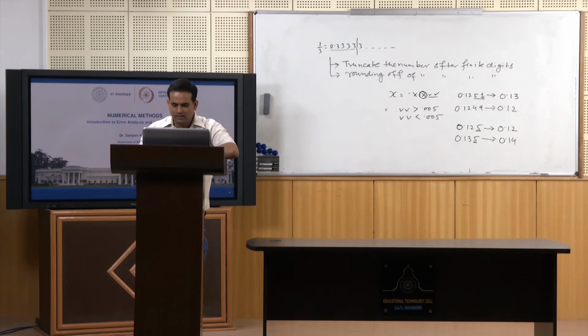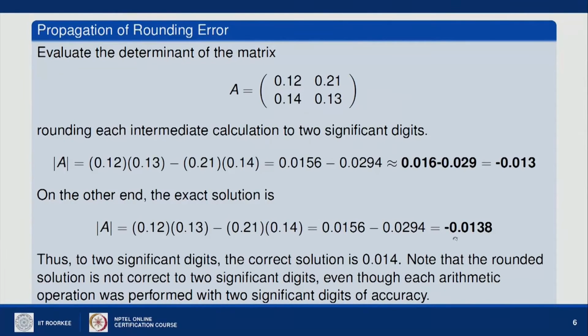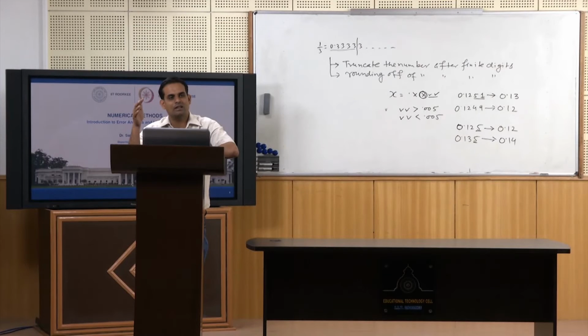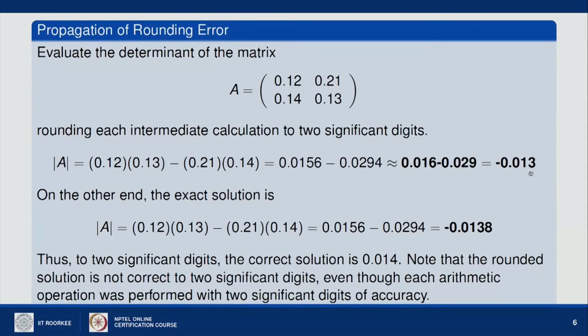So, you can see that up to 2 significant digits, the correct solution is minus 0.014. Whereas if I am performing rounding up in the intermediate calculations up to 2 significant digits, it is coming minus 0.013. So, we are having a significant error in the calculation where I am rounding up each intermediate calculation up to 2 significant digits.